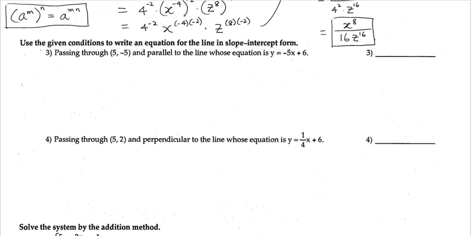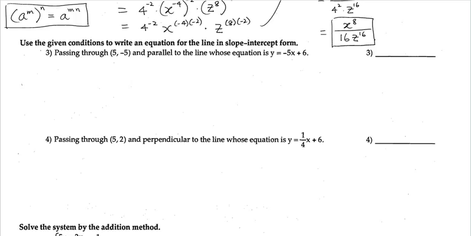In order for us to find the equation of a line, we need 2 things. We need to know a point, and we need to know what's the other. A point and what? A point and a slope. So, do we have a point? Yes, it's given. Do we know the slope? Not yet. They didn't give us a slope, but they give us other information.